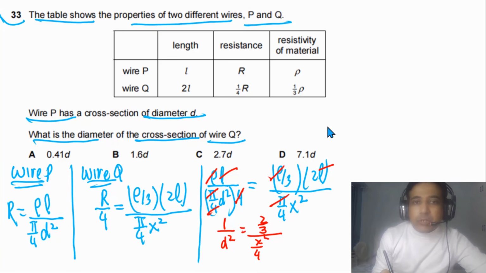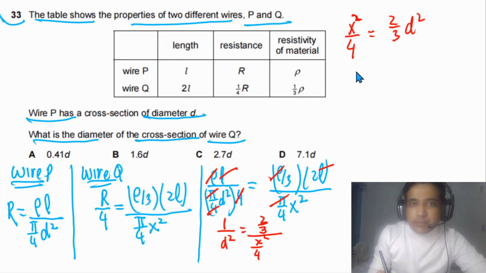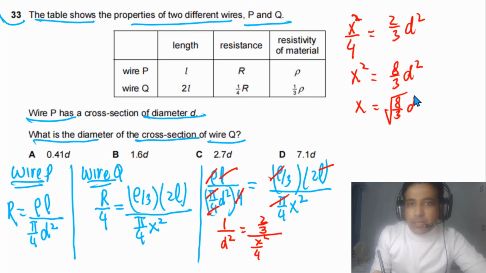Now we cross multiply. So we will get x square divided by 4 equal to 2 by 3 times d square. We need to find x, so x square will be equal to 8 by 3 times d square. So from here we can find x, which is equal to the square root of 8 by 3 times d.